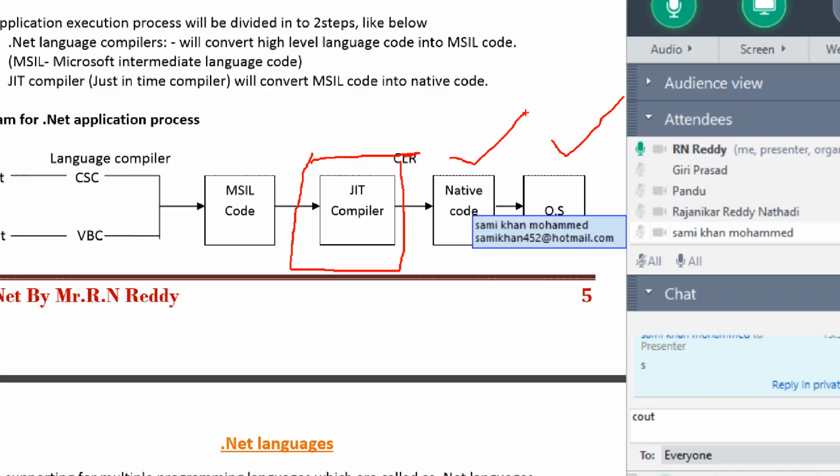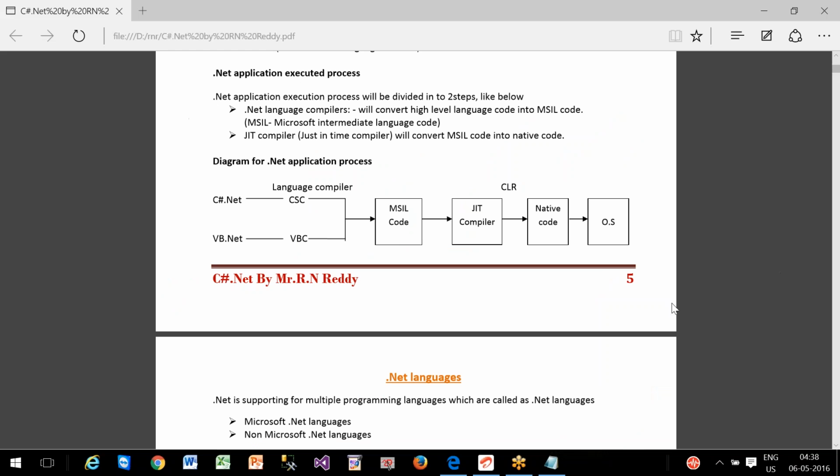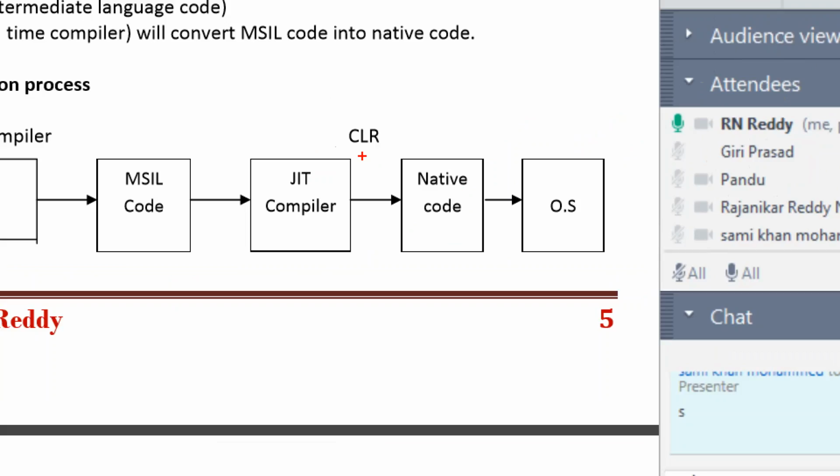Native code or machine code is nothing but zeros and ones. So your OS cannot understand MSIL code. Due to that reason, within the CLR, Microsoft has designed one more compiler, the JIT compiler. JIT stands for just-in-time compiler.